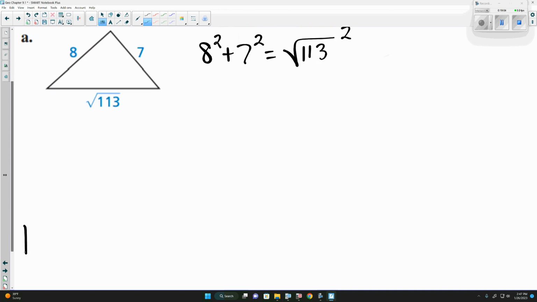Now 8 squared is 64. 7 squared is 49. 7 times 7 is 49, 8 times 8 is 64. What's the square root of 113 squared?